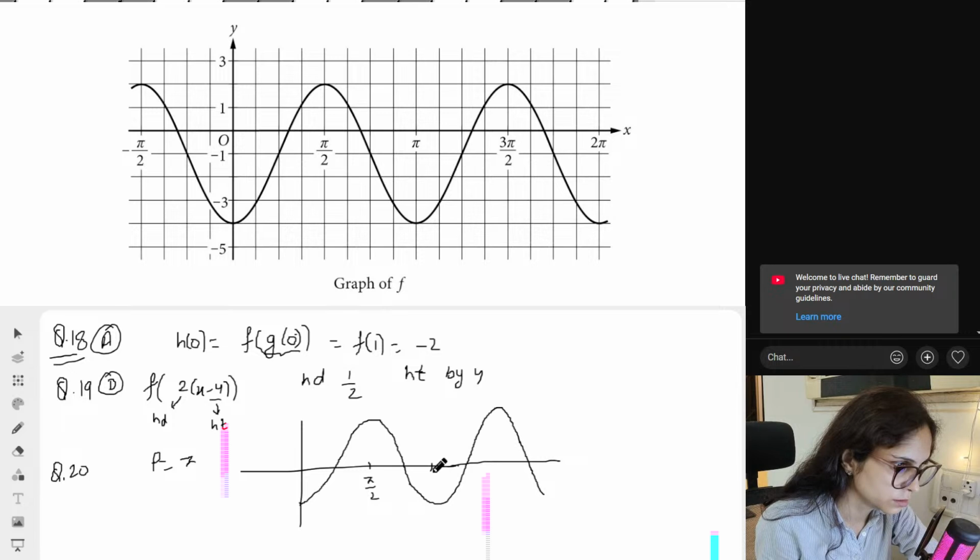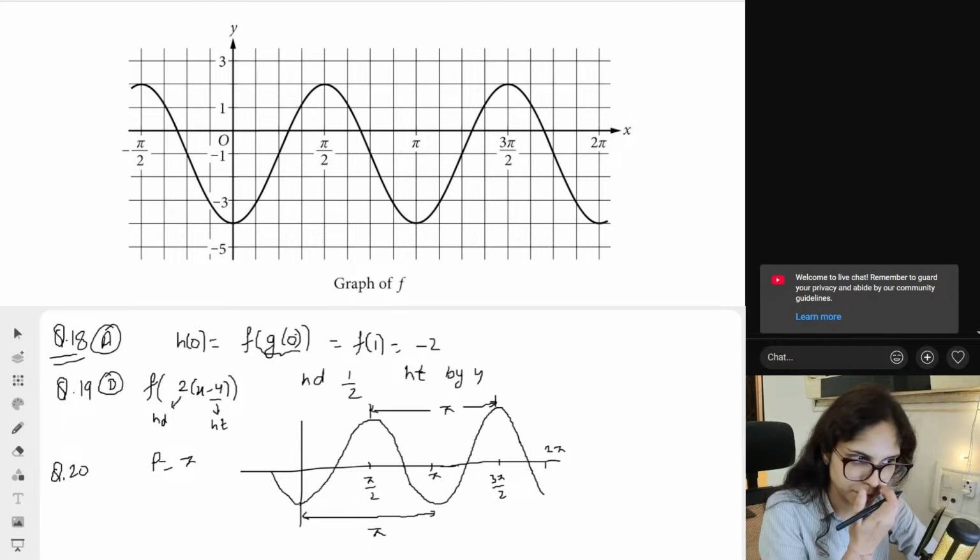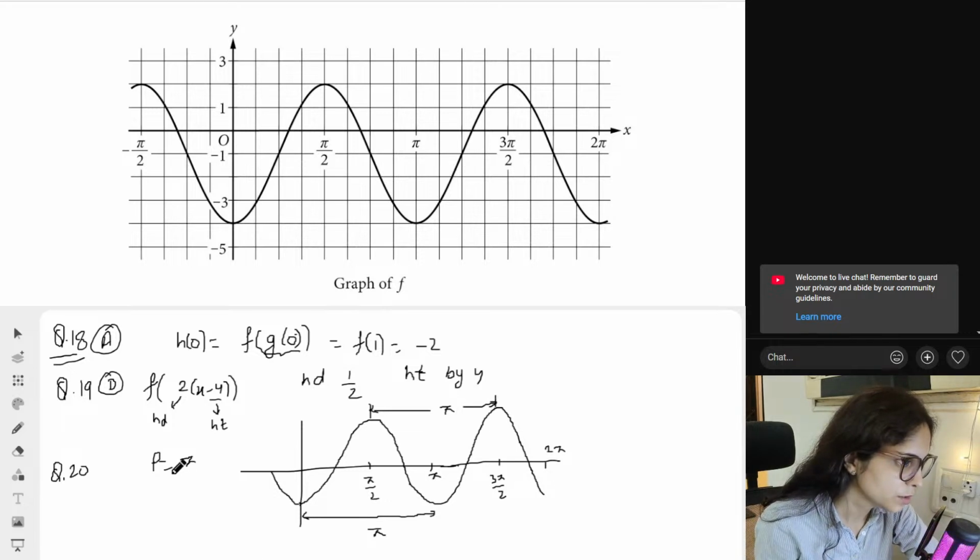This is pi, this is 3 pi over 2 and this is 2 pi. So you're going from pi over 2 to 3 pi over 2, and it goes like this. So this distance you can see is pi. And this distance also is going to be pi. Okay, so period is pi.